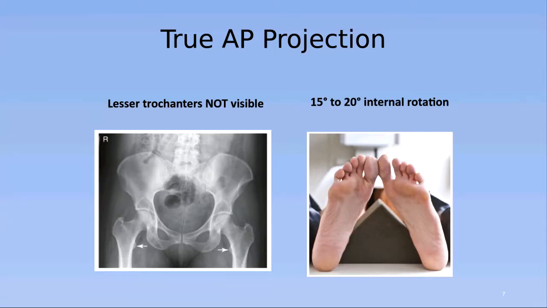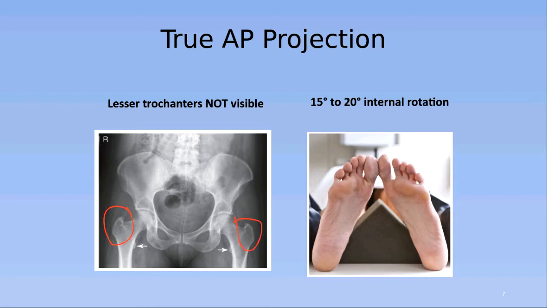The next, if we look at the feet in a true AP, that is where there's 15 to 20 degree medial rotation or internal rotation. So both feet are internally rotated 15 to 20 degrees. And notice that the lesser trochanters are much less visible on this, and the greater trochanters, which are right here and right here, are much more visible.